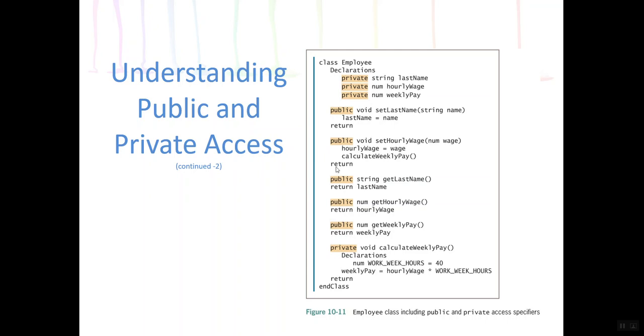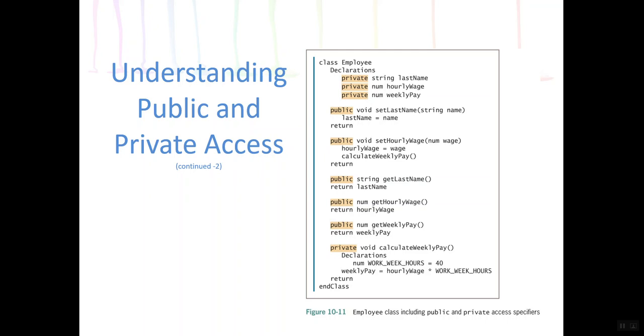So that means that my console application cannot update last name unless it uses the public set last name method to do so. So if these had been public, by the way, it would allow you to access the variable directly through the object name dot format.